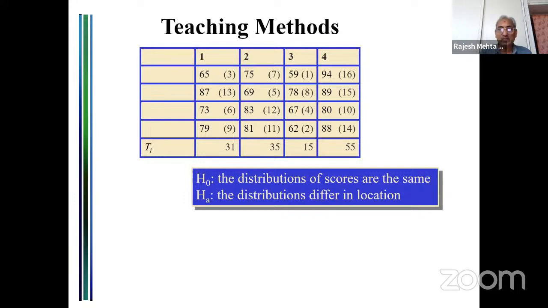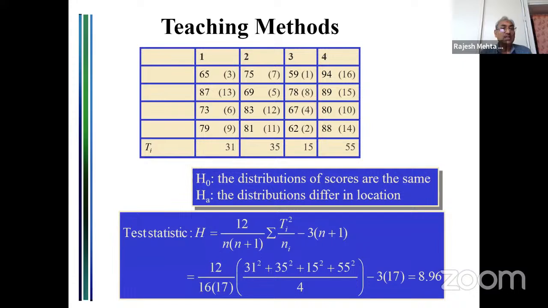Now, how do we compute it? H is equal to 12, a constant figure already given in the equation, over n times n plus 1, where n is the total number, 16, and n plus 1 is 17. And the Ti square, that is 31, 35, 15, and 55 squared. ni means the number of samples.